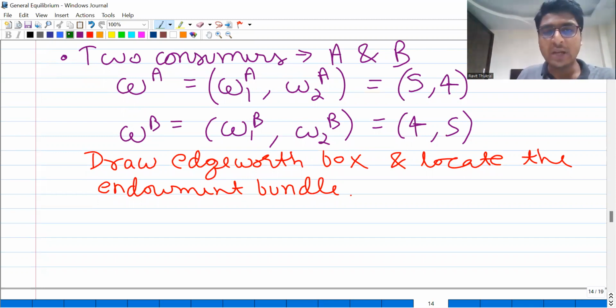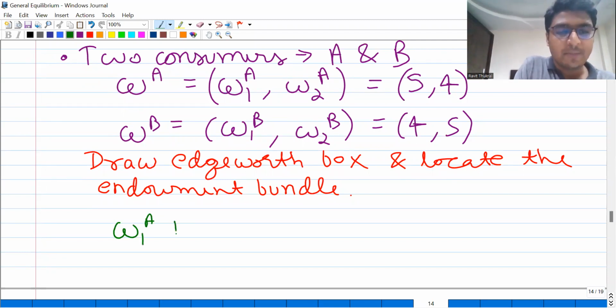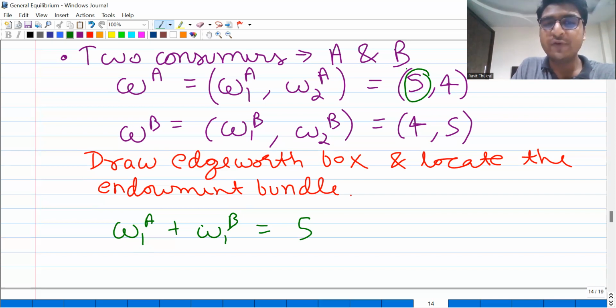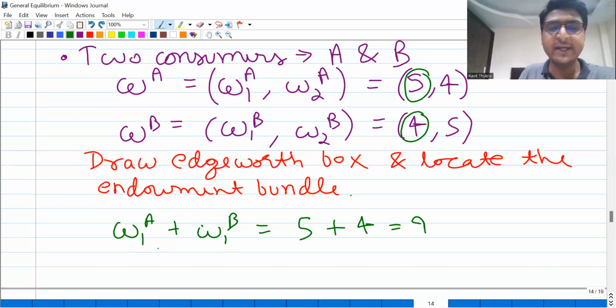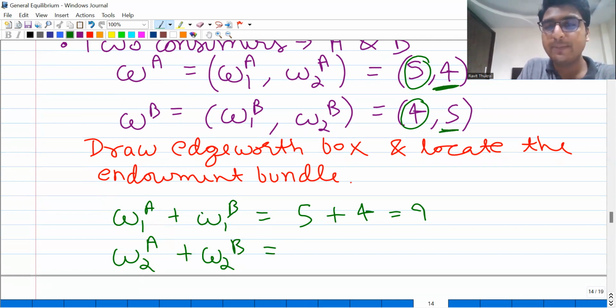So first step is we need the total amount of good 1 and good 2 available in this economy. Omega 1A plus omega 1B will tell you how much total good 1 is available in this economy. So it is equal to 5 units of good 1 with individual A, 4 units of good 1 with individual B, and in total there are 9 units of good 1 in this economy. Similarly we need the total amount of good 2 available. So omega 2A plus omega 2B will be equal to 4 plus 5, which is equal to 9.